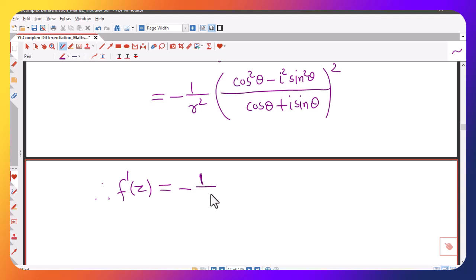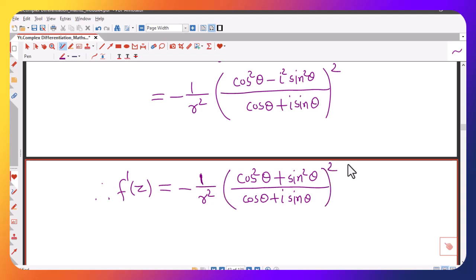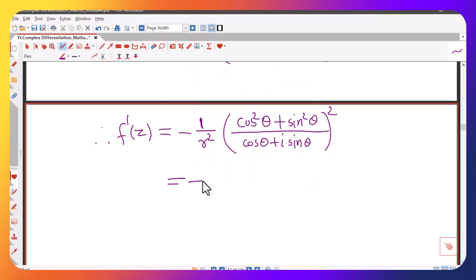So now minus 1 by r square as it is, and you can see if I use I square equal to minus 1, I will have cos square theta plus sin square theta, and here I have cos theta plus I sin theta whole square, and then we have minus 1 by r square. Cos square plus sin square is 1 and square of 1 is 1, and we are writing square of this cos theta plus I sin theta whole square.